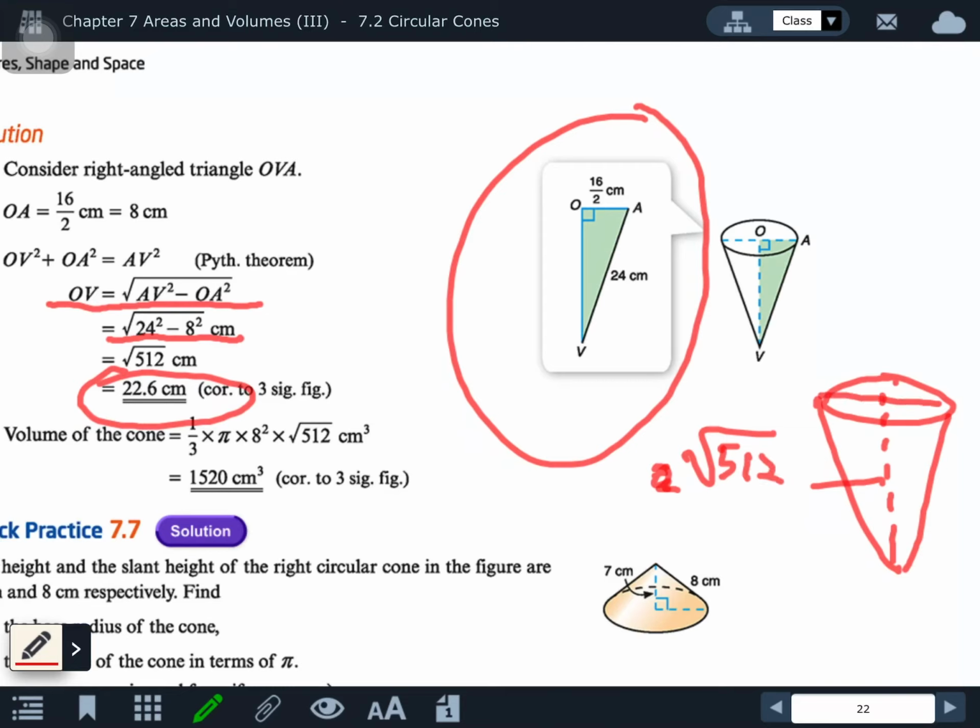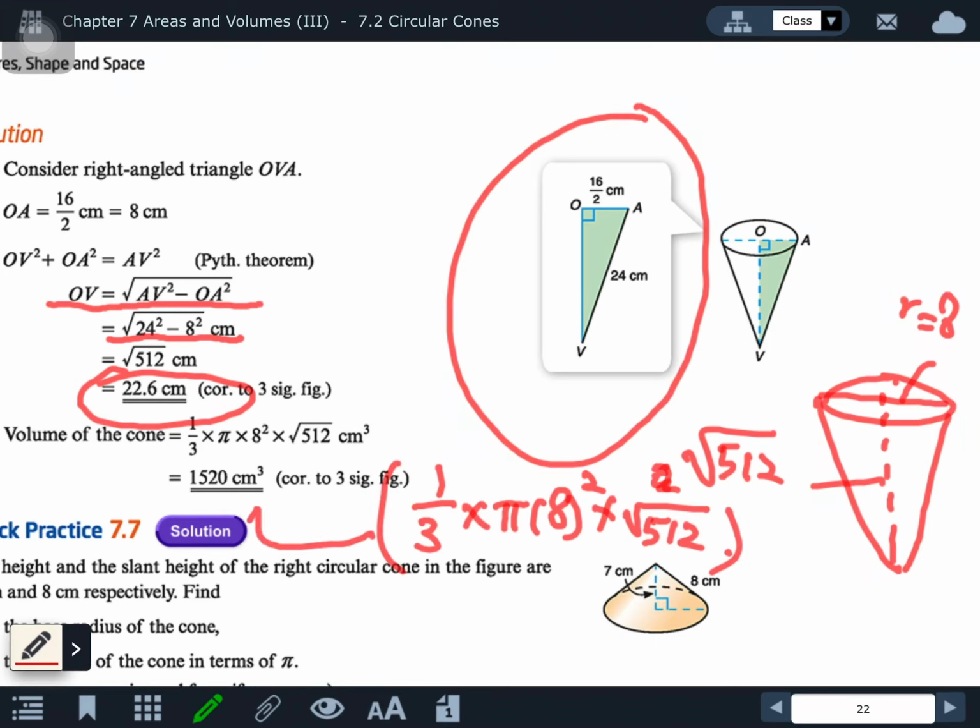The diameter is 16, so the radius is equal to 8. If we want to find the volume, it's 1/3 times pi times 8 square, times the height, square root of 512.